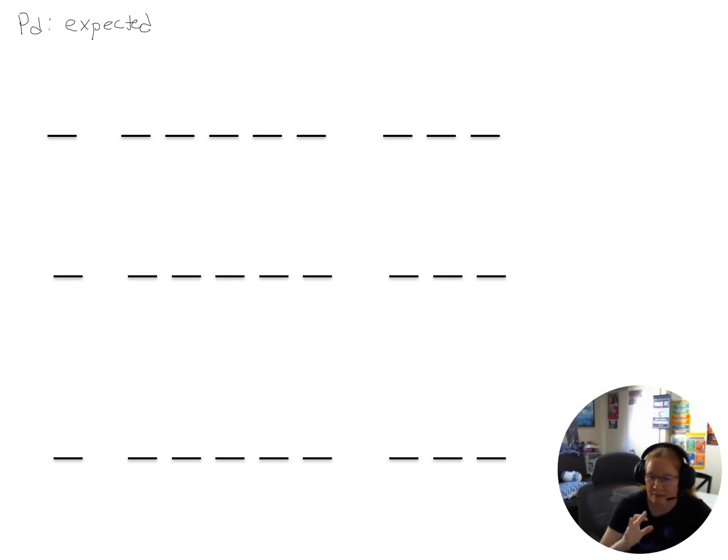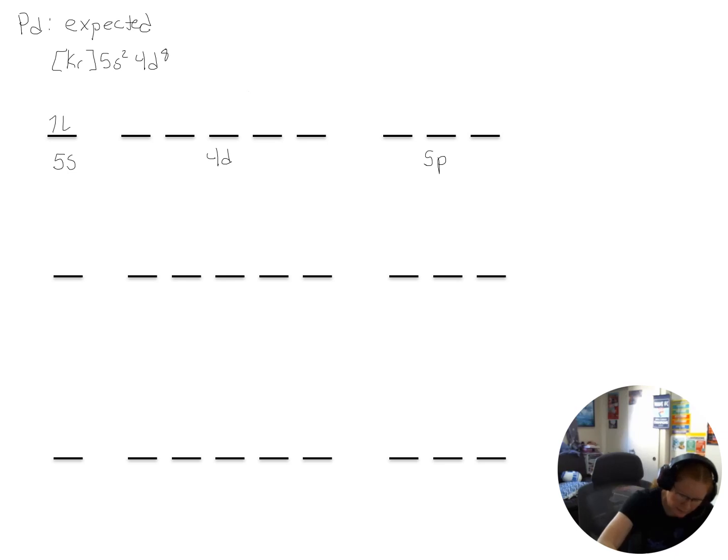If palladium followed all of the filling rules, my expected electron configuration would be krypton 5s2 4d8. So here I have 5s, 4d, 5p, and this is what this would look like.